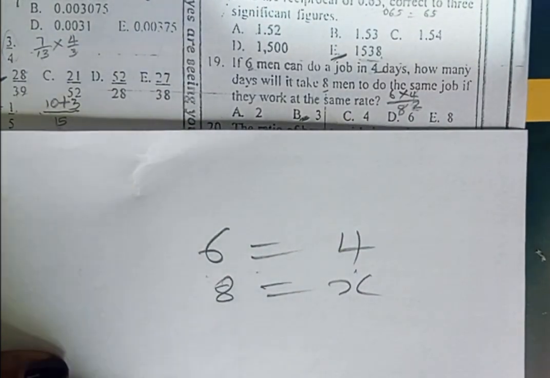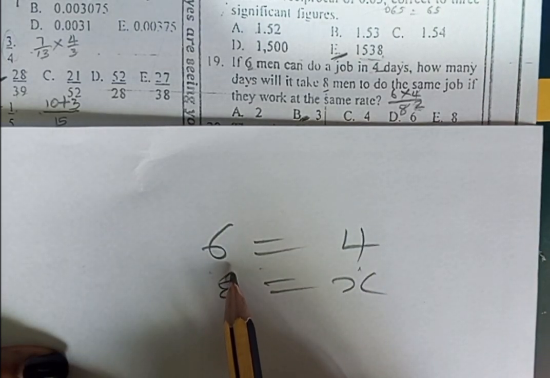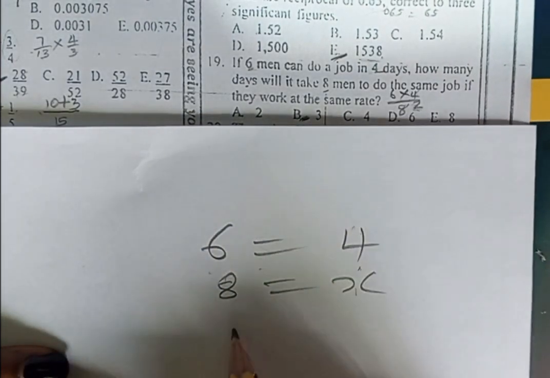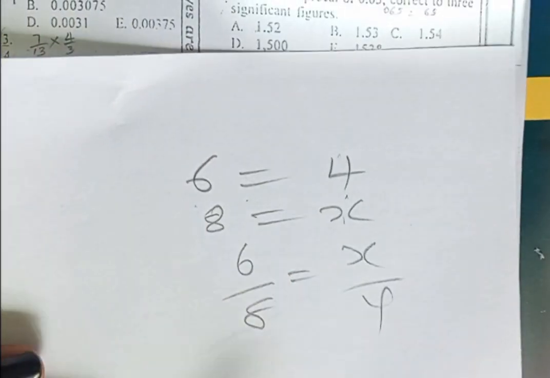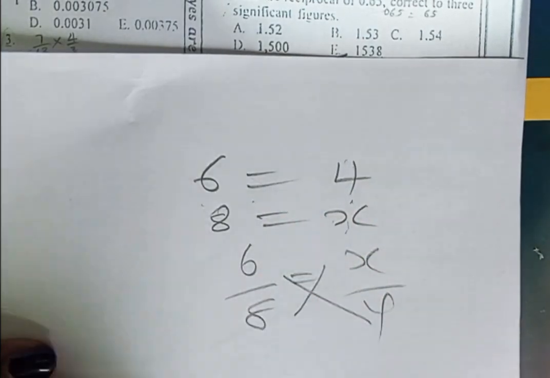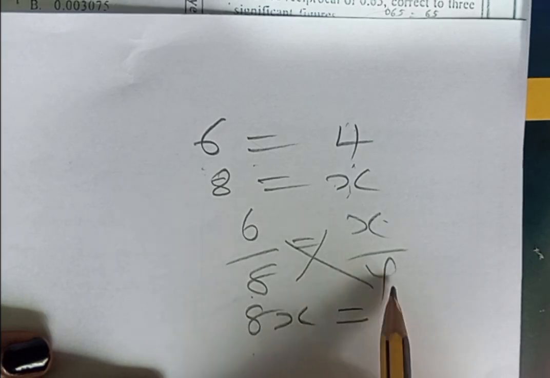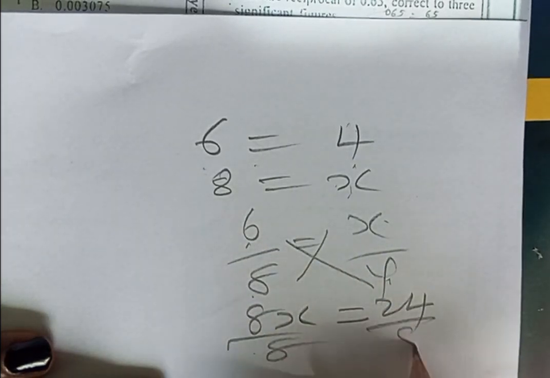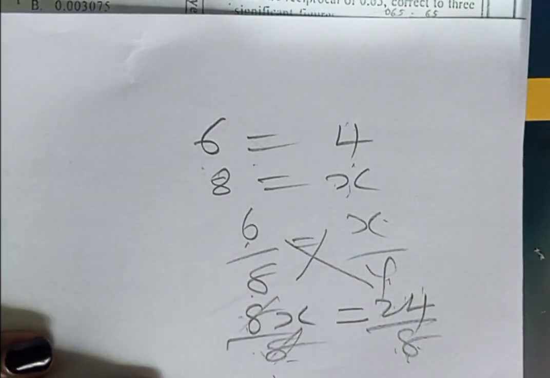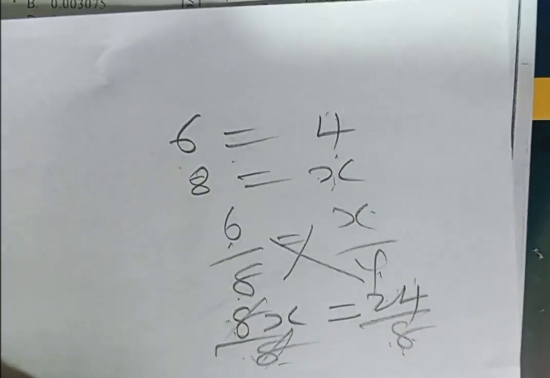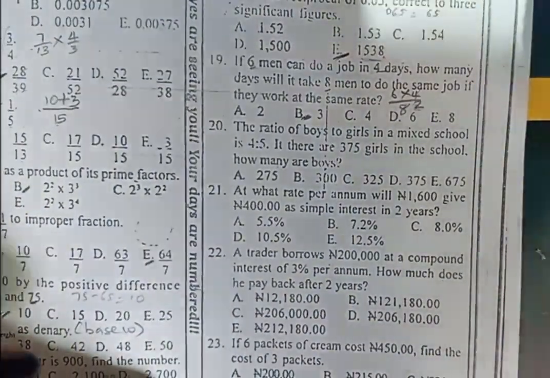But since it's an inverse proportion question, before you cross multiply, you have to reverse one side upside down, then you cross multiply. So this times this is 8x, this times this is 24, then you divide both sides by the coefficient of x, which is 8, then you have 3. So here is 3, this cancels out. Okay, you can pause the video and watch over. So that is that. So we are going for option B.